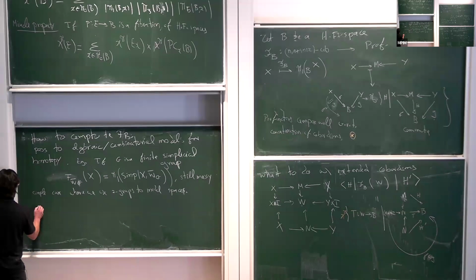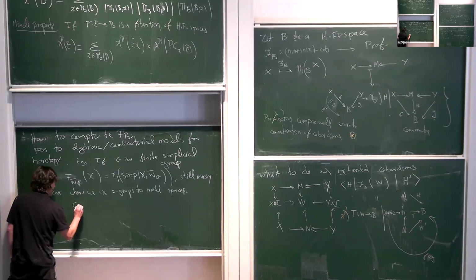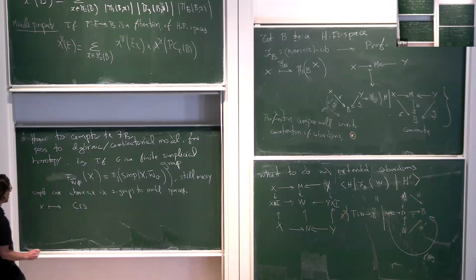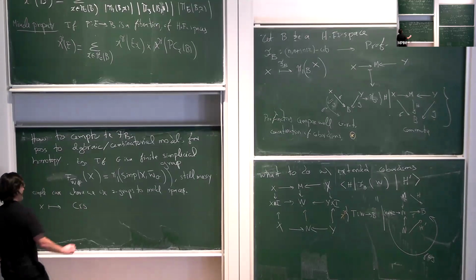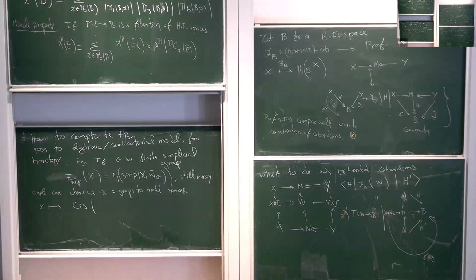So the idea is that we send X to the internal Hom, sorry, in the category of two groups, crossed modules, because I was actually thinking about crossed modules.